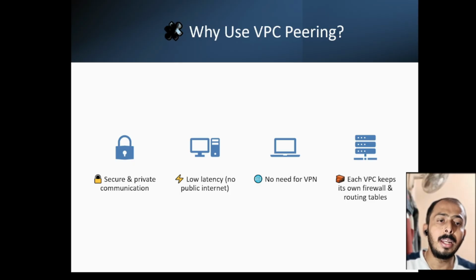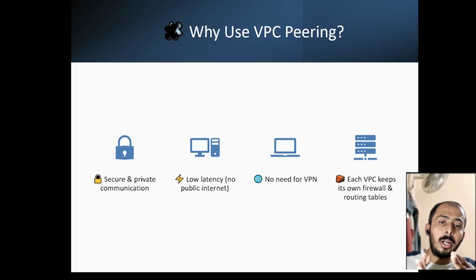So why do we want to use VPC peering? What benefit does it offer? Without using the internet, there is no need of internet, and traffic will stay inside the Google private backbone. It will be in the Google network itself, because you will be communicating through VPC peering only.